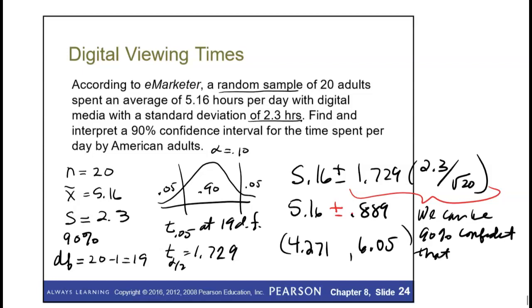that adults spend between, sorry, it's sloppy and I'm running out of space, 4.271 and 6.05 hours per week.